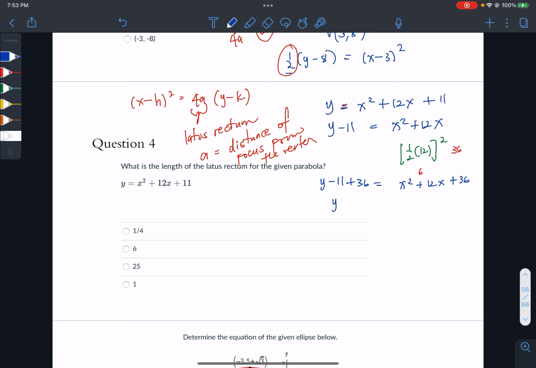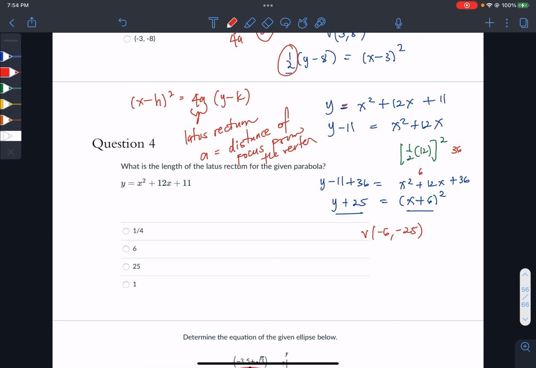So this would be y plus 25, no? So y plus 25 is equals to x plus 6 squared. And as you can see here, so eto na yung ano natin, x minus h squared. Tapos ito yung y minus k natin. So kung kukuhanin natin ng vertex niyan, ang vertex niyan is negative 6 and negative 25.